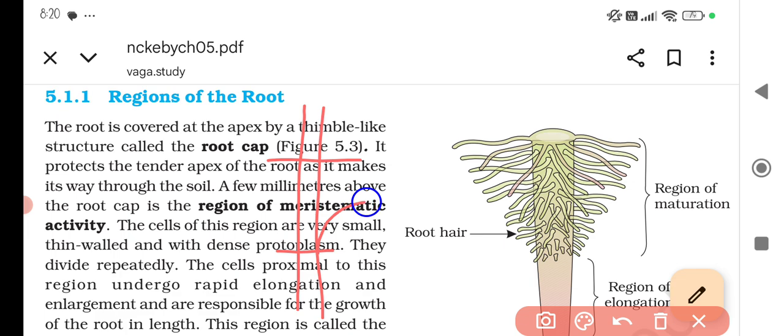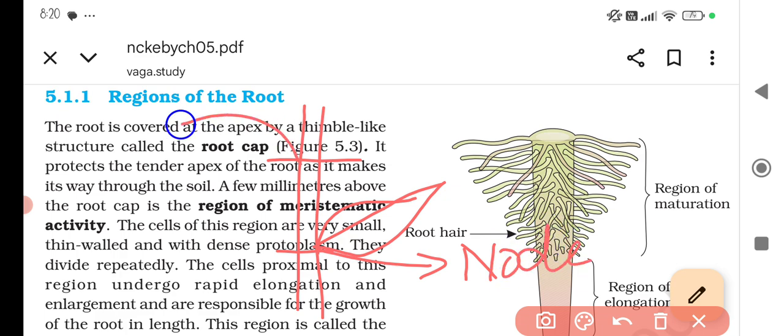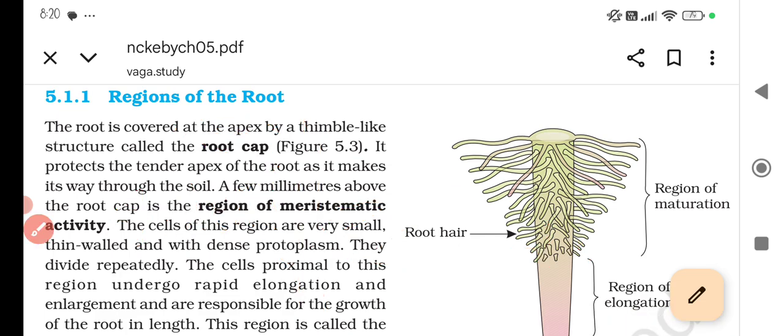The region from where the leaves arise is known as the node. This is also a node. From here also another leaf arises. So this region between one node and the other node is known as the internode. So the stem is differentiated into nodes and internodes.